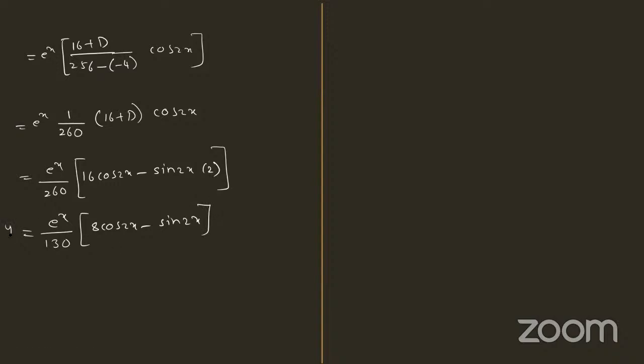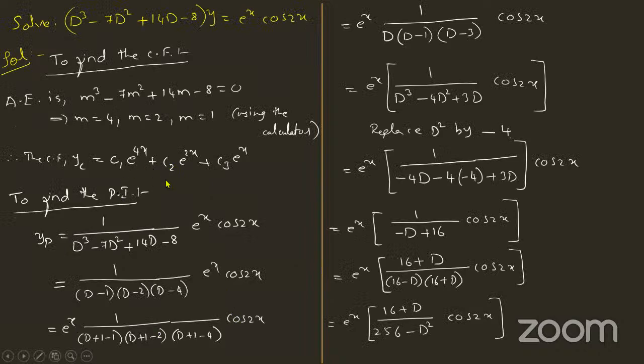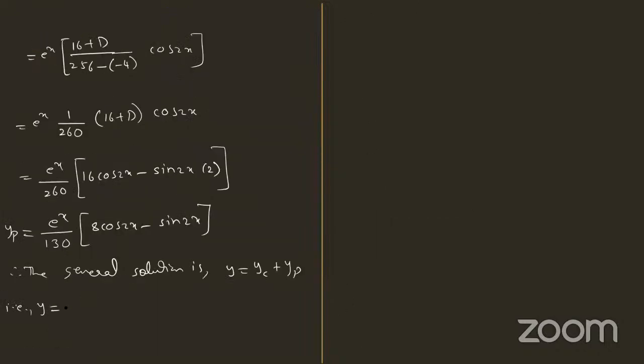Now this is your particular integral. Therefore, the general solution is y equals yc plus yp. So that is y equals, see how much is your complementary function, c1 e power 4x plus c2 e to the power of 2x plus c3 e to the power of x.